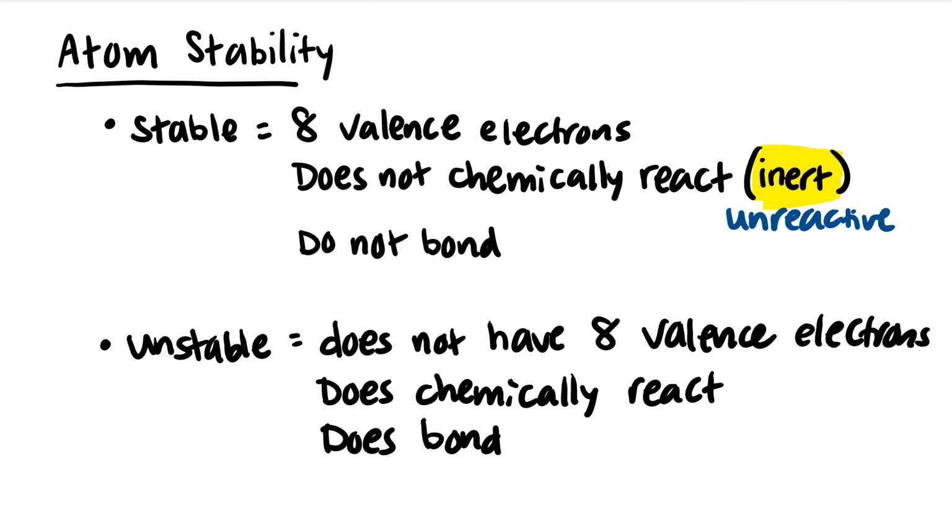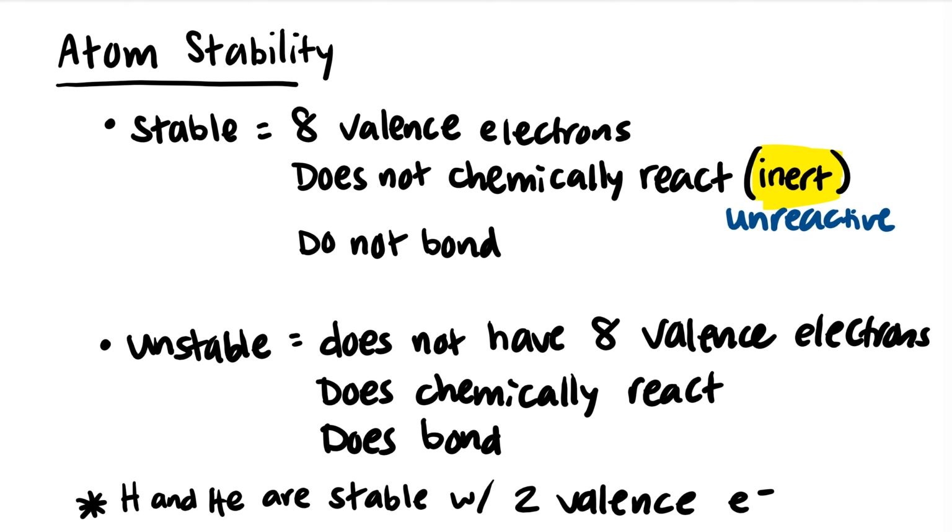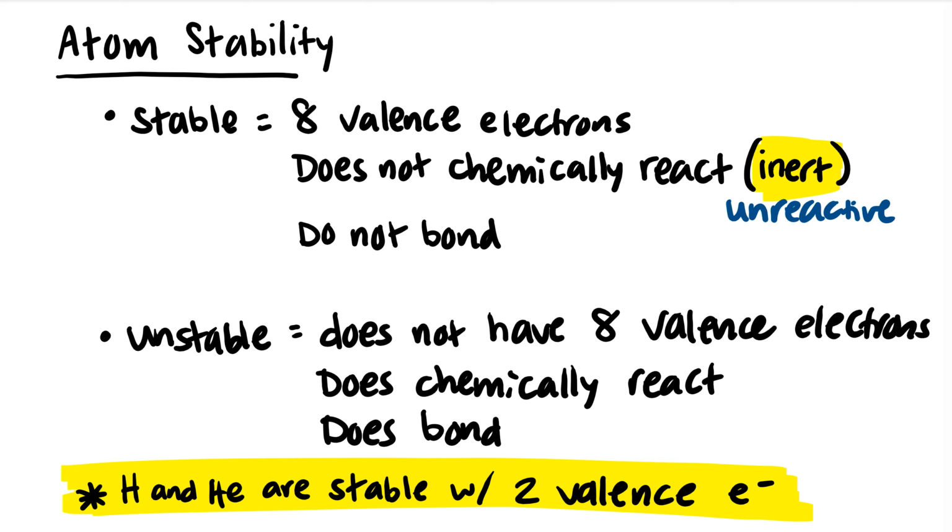So hydrogen and helium are full when they have 2 electrons. Just make yourself a note of that. Because hydrogen and helium are on the first row of the periodic table, they only need 2 valence electrons to fill that first energy level.